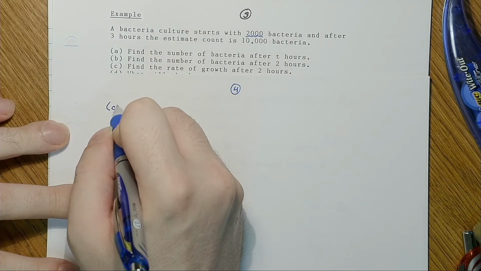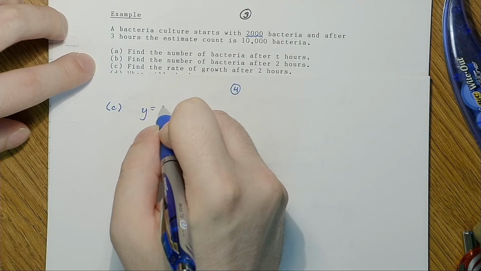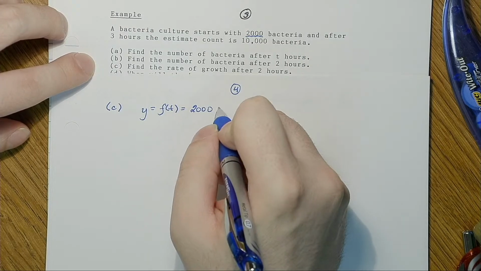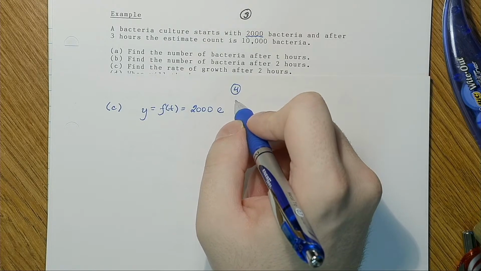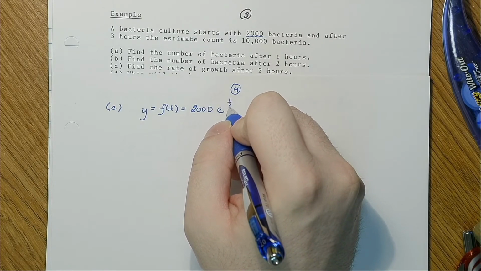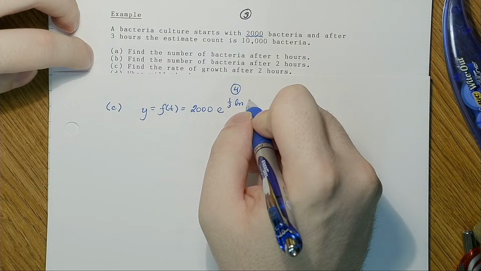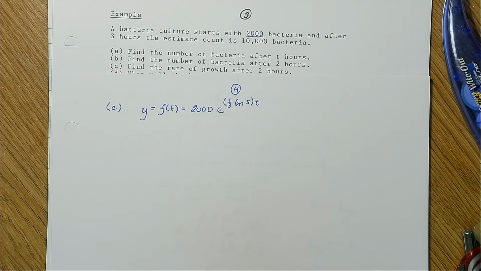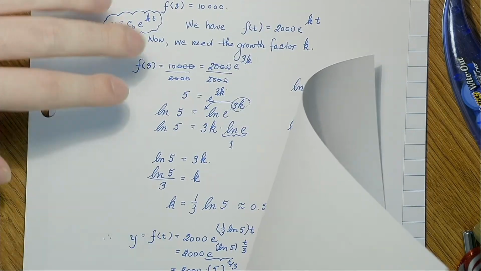For part C, we already have our original function, so we have y equals f of t is equal to 2,000 e to the 1/3 ln 5 t. Just to make sure that that's my original function. Perfect.